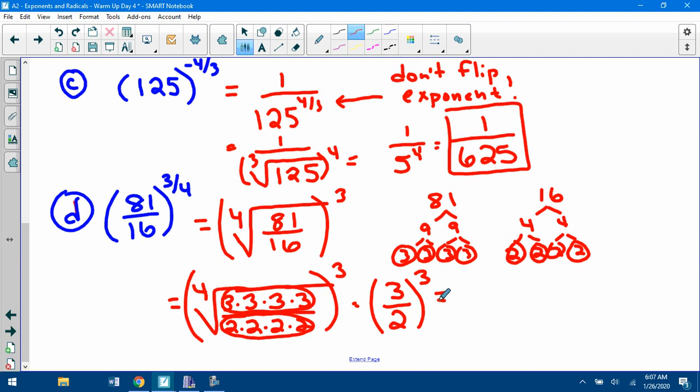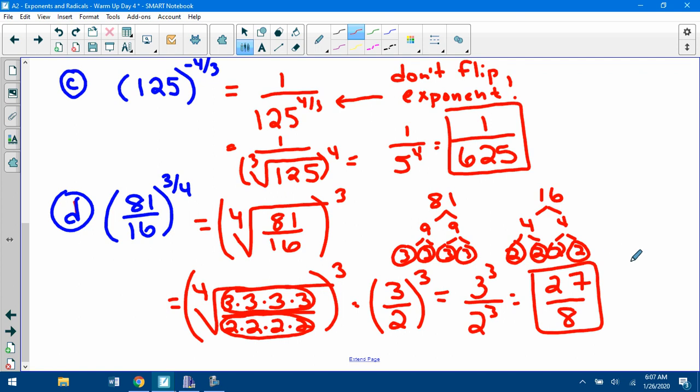And the final answer would be cube the top, cube the bottom. It's like we're distributing the exponents if you want to think of it that way. So 3 cubed over 2 cubed is 27 over 8. All right, so first step, not too bad. That's the new part. The rest of it's kind of just review.